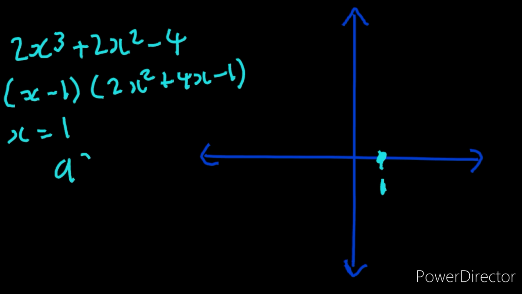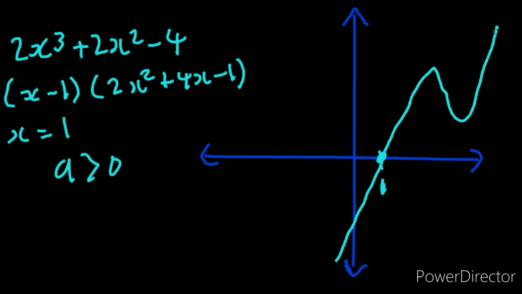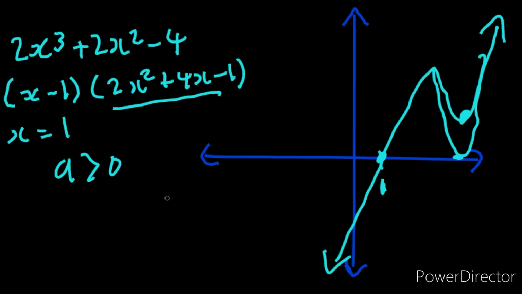And if a is positive, it means that it will increase like that. So notice this other turning point is supposed to touch the x-axis. If it touched the x-axis, this was going to be factorizable, but it didn't touch the x-axis. So if it touched the x-axis, we were going to have two real roots, meaning that this was going to be a repeating bracket.